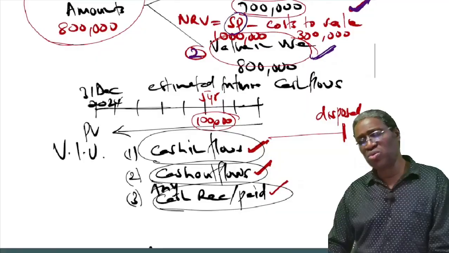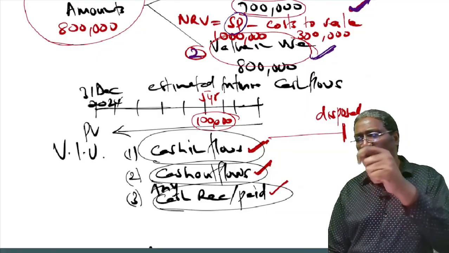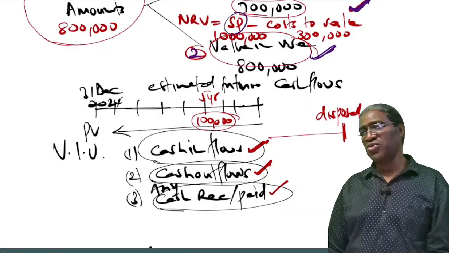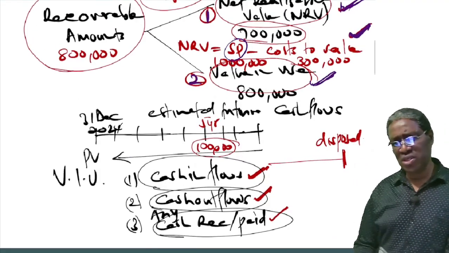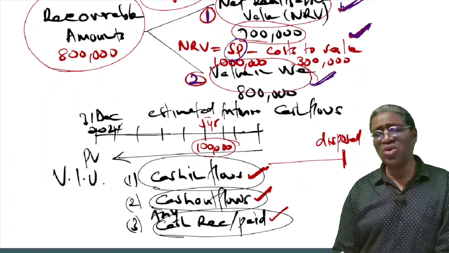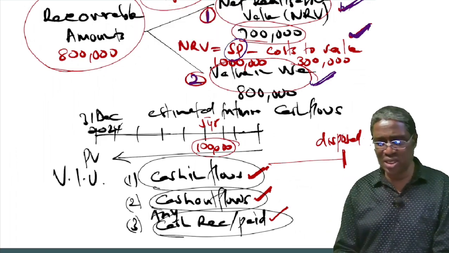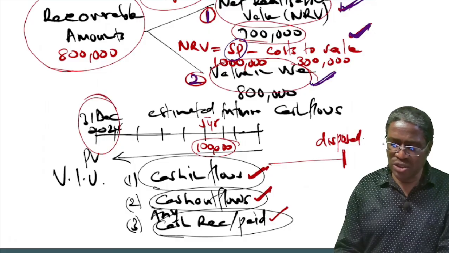Then I took you through how you compute the value in use. We were assuming, suppose as a company, you are testing for impairment of your asset as at 31st December 2024.